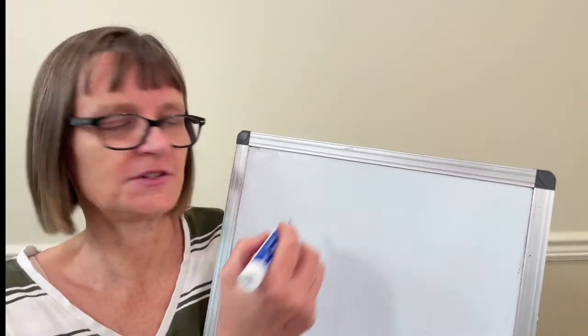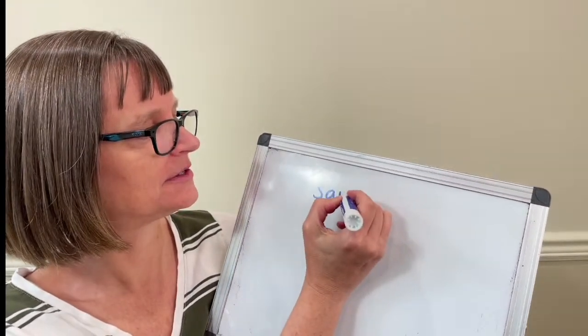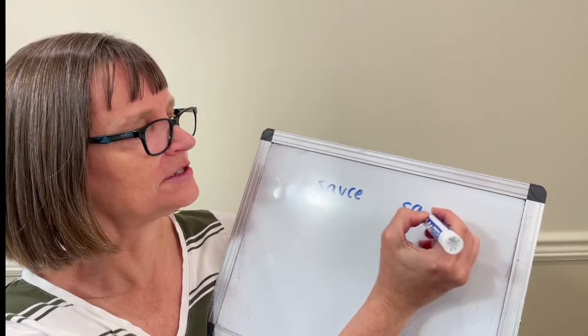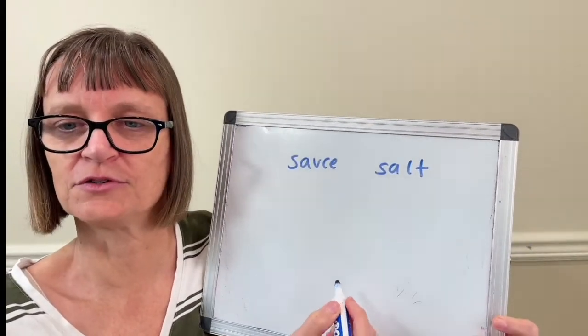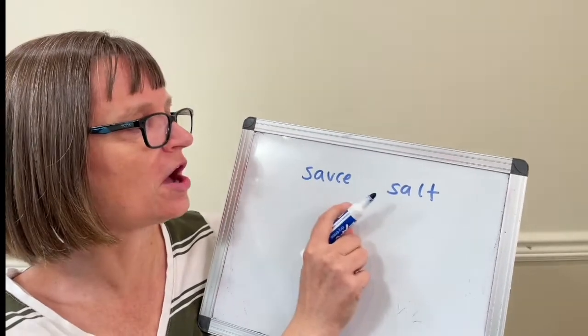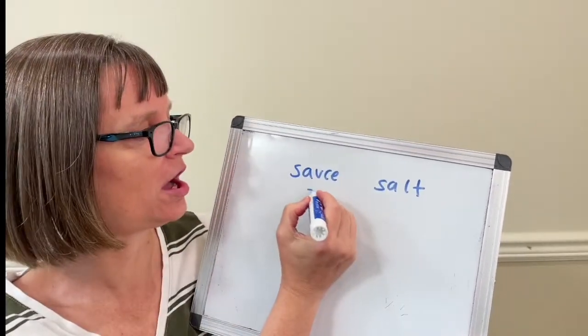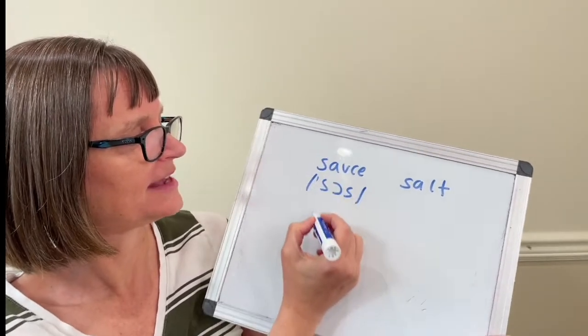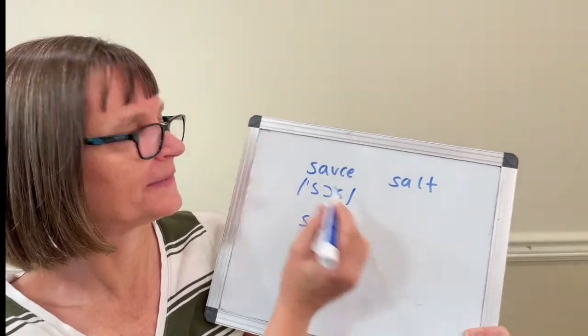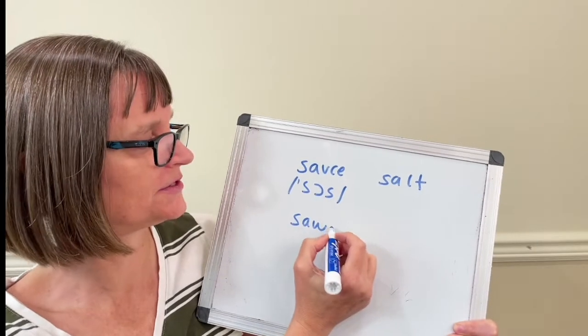Okay, great. We have a question about the difference between sauce and salt, and also shock and shark. So for sauce, we have the aw vowel, and it sounds like the word saw. So I saw the sauce.